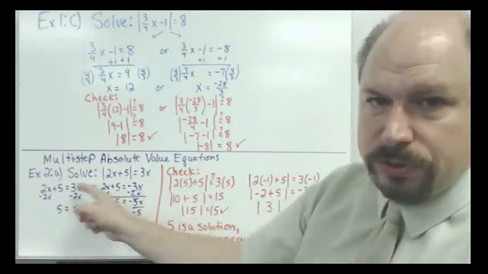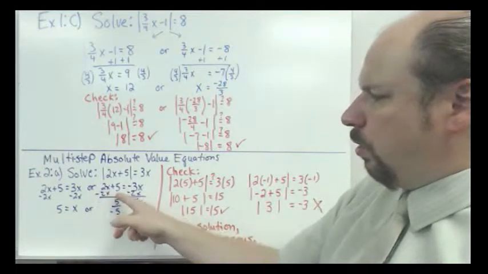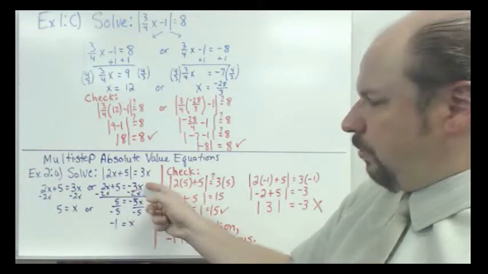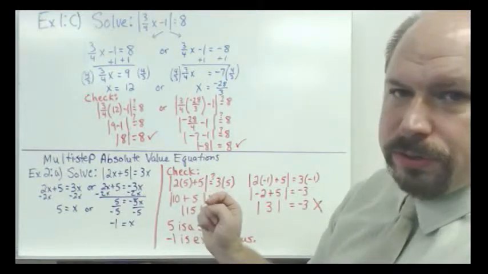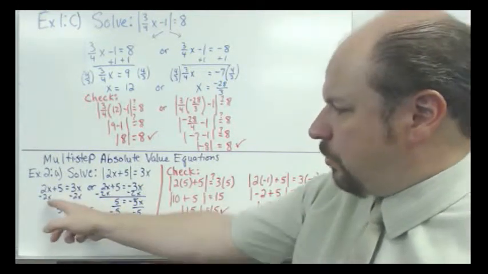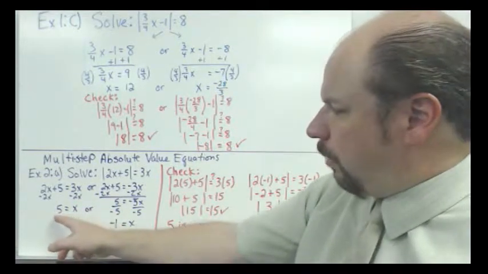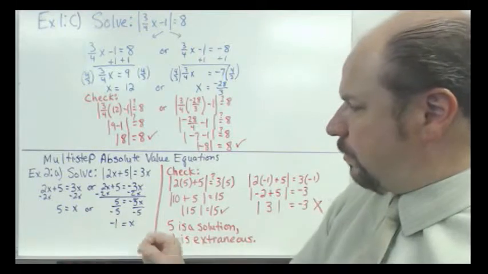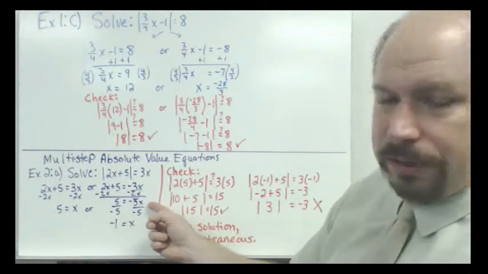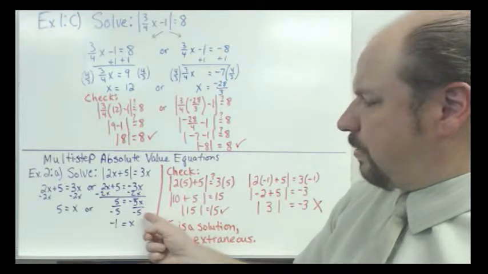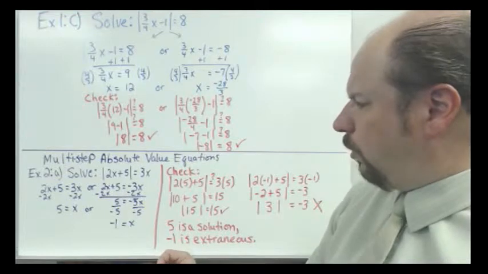For the first one, just rewrite the equation, 2x plus 5 equals 3x, and on the other side, multiply by negative 1. So 2x plus 5 equals negative 3x. Over here, we're going to subtract 2x from both sides, and we get 5 equals x. And if we subtract 2x on this side, we get 5 equals negative 5x. So divide both sides by negative 5, we get x equals negative 1.